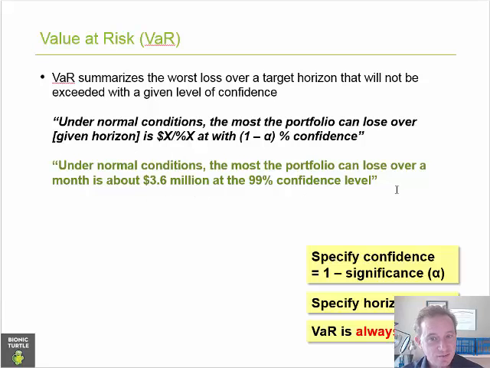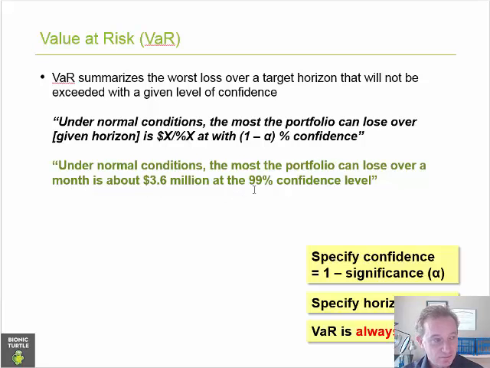There's quite a bit packed into this seemingly simple statement, including 2 user decisions or designs that we want to make. We specify a confidence and we specify a horizon. So you can see here there's a 99% confidence level and a horizon of 1 month.